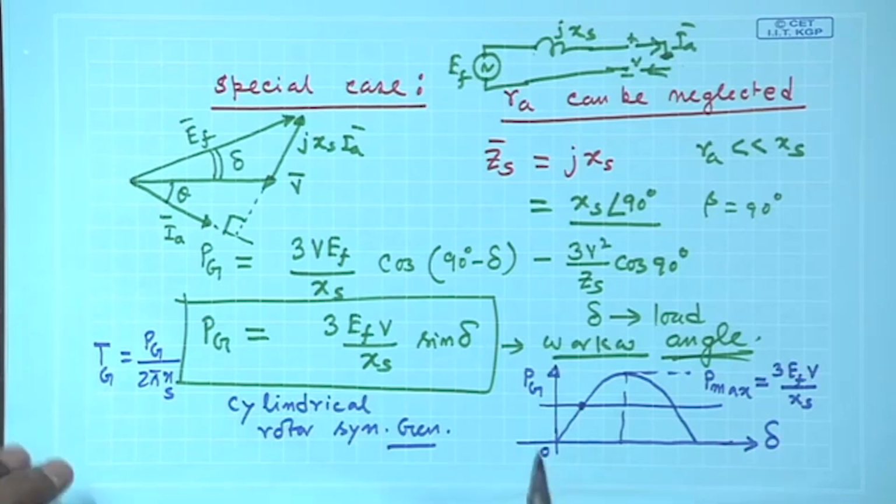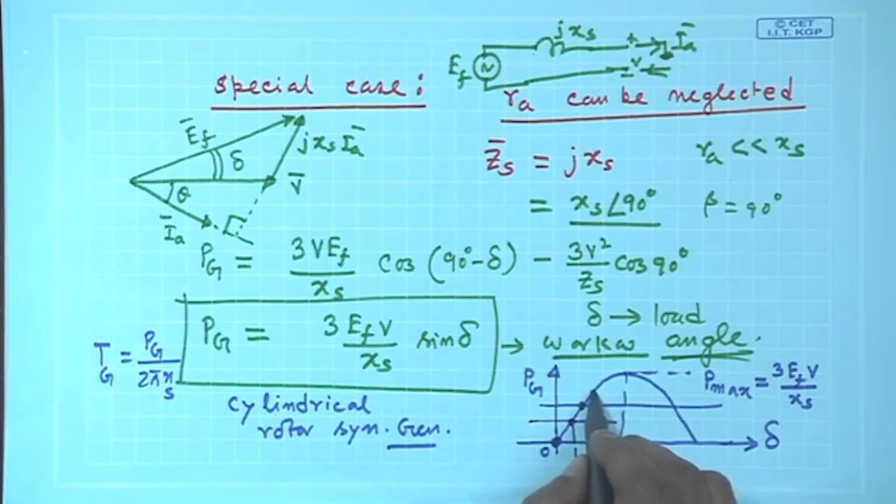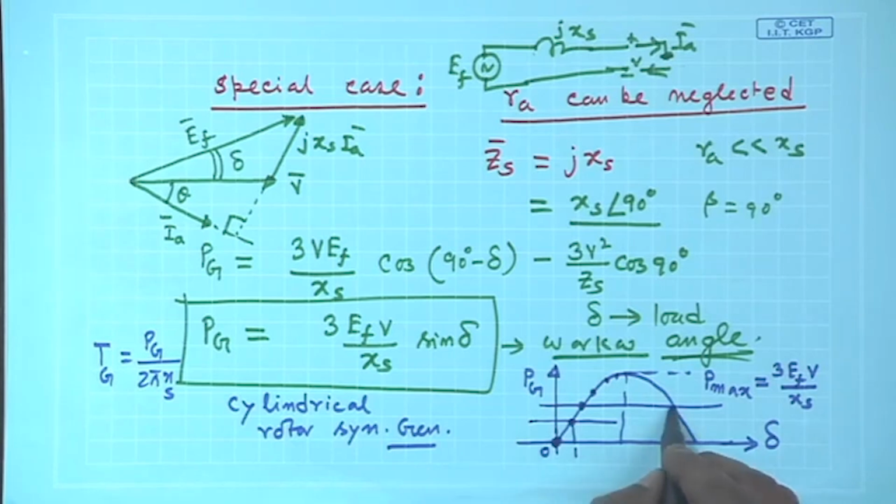When the machine is operating under no load condition, the operating point will be here, at 0. Go on increasing the load, the value of delta will come in. At this point it will operate here, at this point it will operate here, like that. Can it operate here?